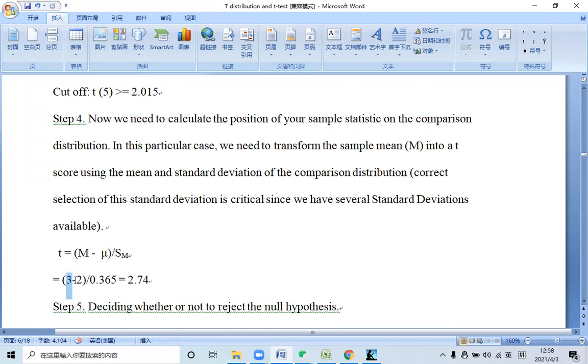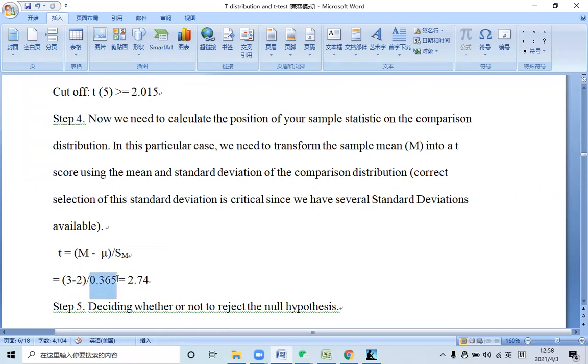These 3 hours are based on the 6 people you measured, the 6 single parents. You measured that on average, they spend 3 hours with their kids per day. And you know the population of average parents spends only 2 hours with the kids per day.